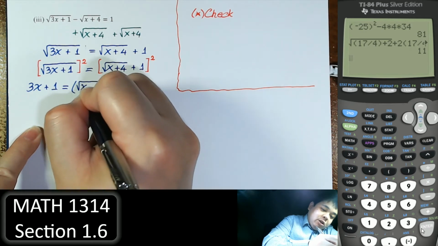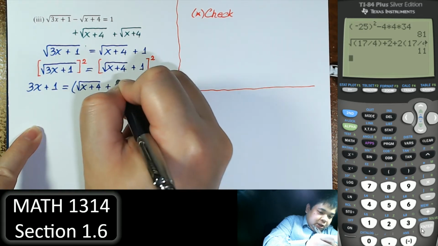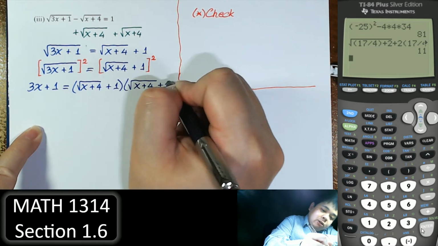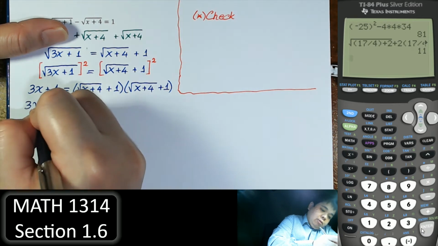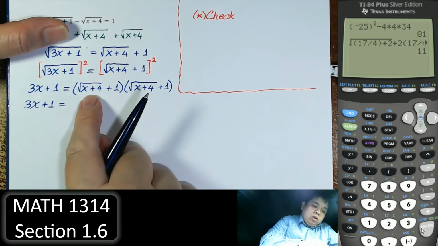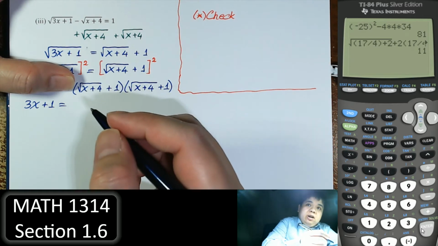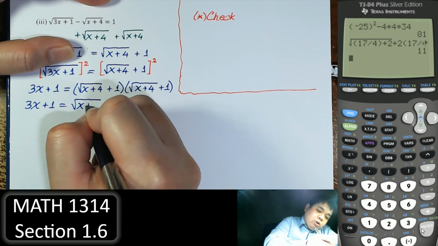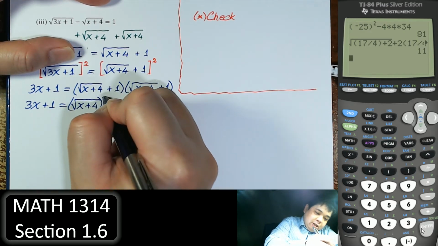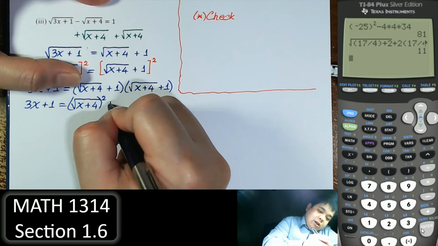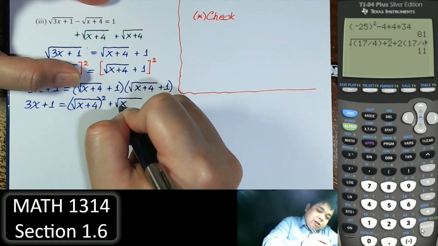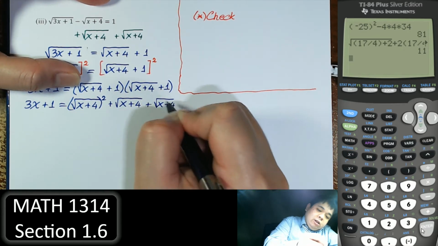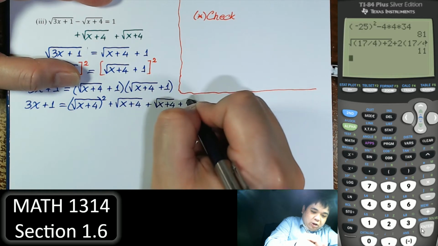That means the square root of x plus 4 plus 1 times itself. The square root of x plus 4 times the square root of x plus 4, square root times square root, would be x plus 4. The square root of x plus 4 times 1, and the square root of x plus 4 times 1. 1 plus 1 times 1 is 1, right?